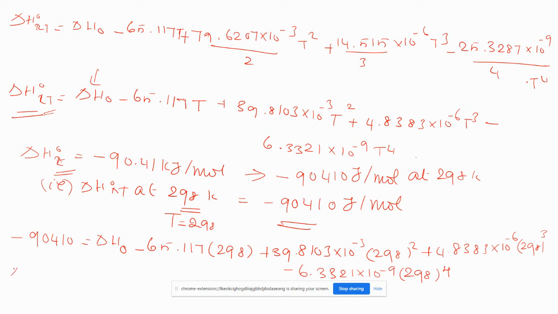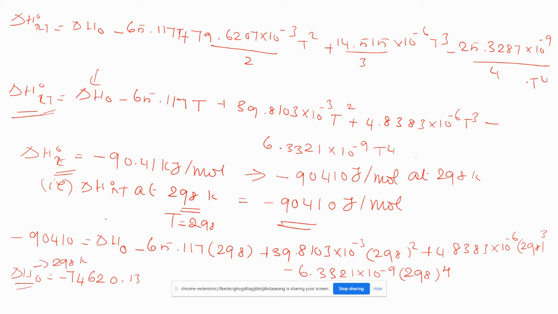So you will get the value for del H0 as minus 74,620.13. So now this is the del H0 value at 298 Kelvin.